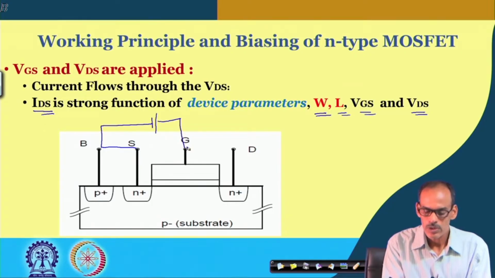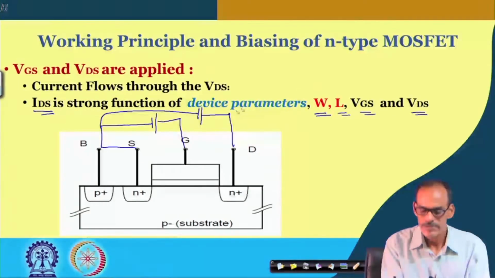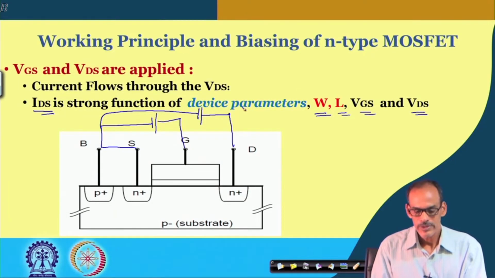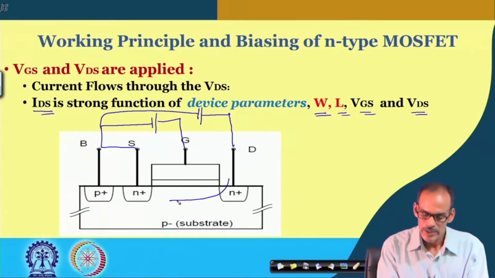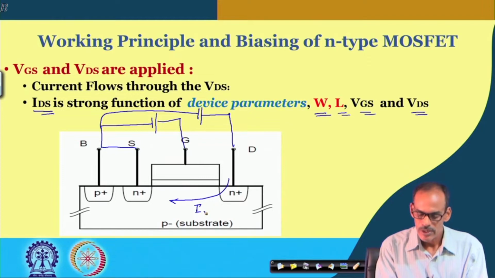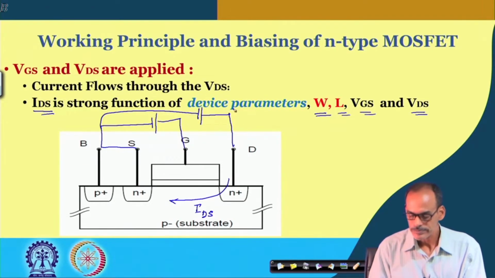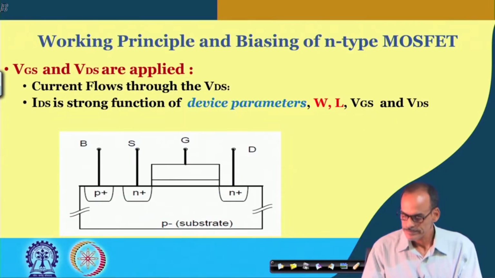And also just to get an idea of how this current depends on the device parameters. So, in the next slide we will be seeing how the current, while it is flowing as IDS, how this IDS current depends on these parameters. Okay.